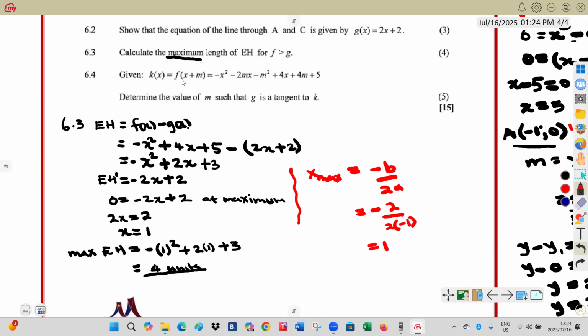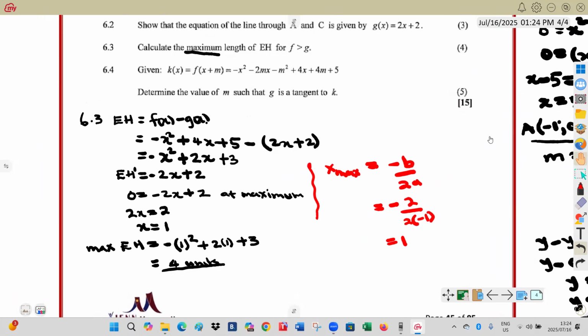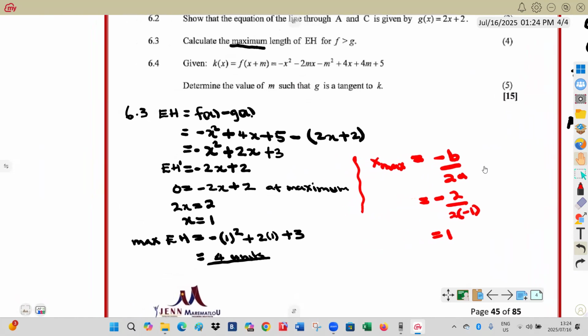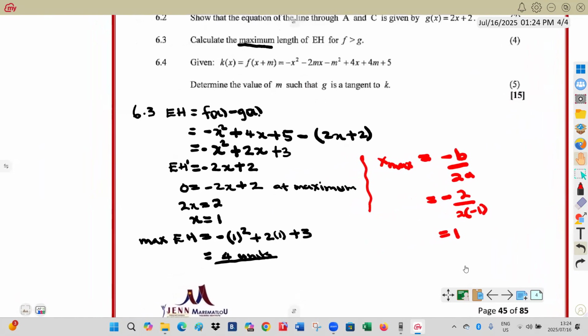Then the last question was saying, given that Kx is equal to that, determine the value of M for which G is a tangent. So let us go and do that question.